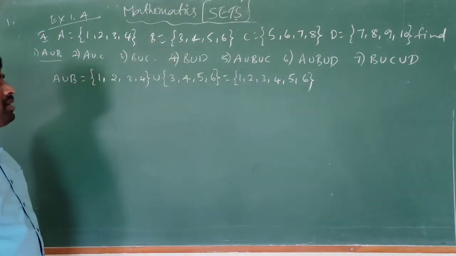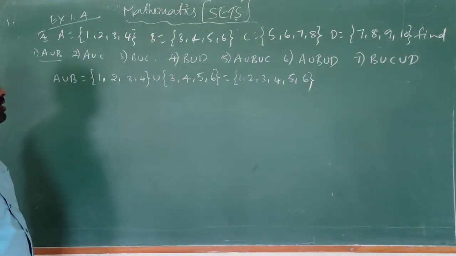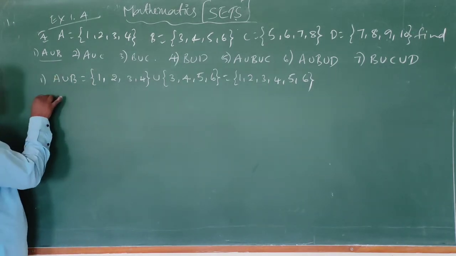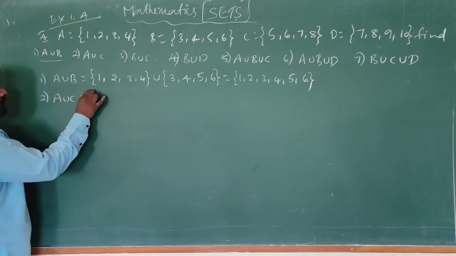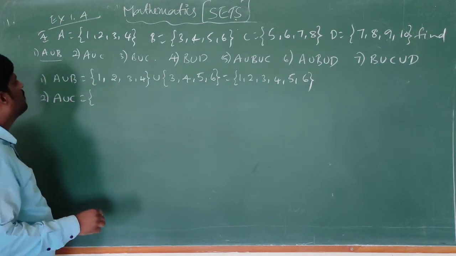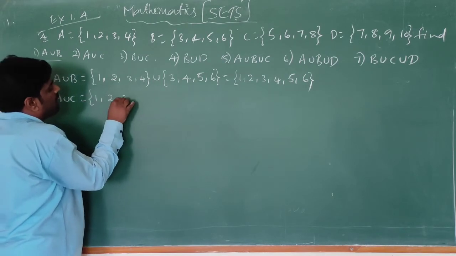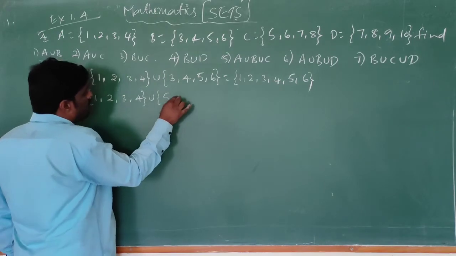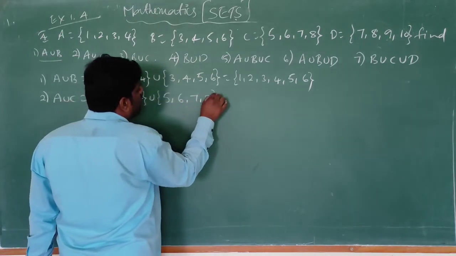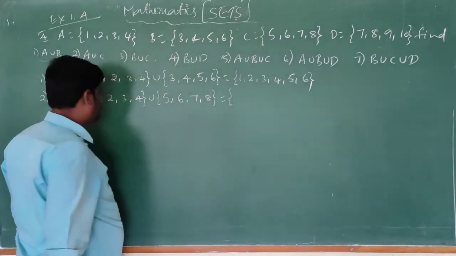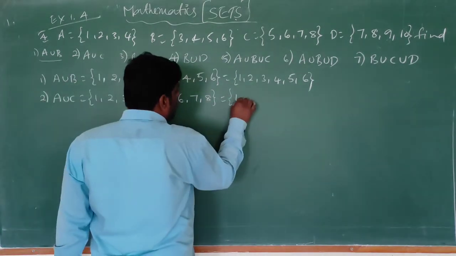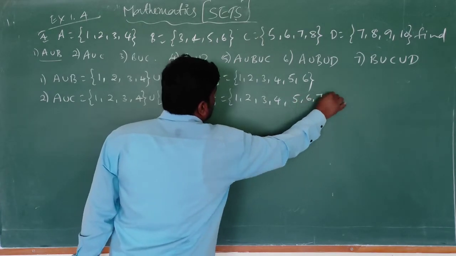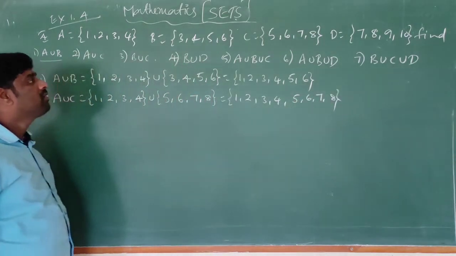This is A union B. Next, A union C. A union C is 1, 2, 3, 4 union C is 5, 6, 7, 8, which is equal to 1, 2, 3, 4, 5, 6, 7, 8.